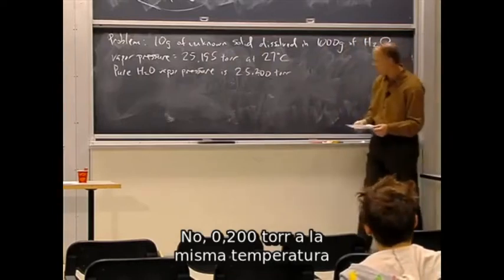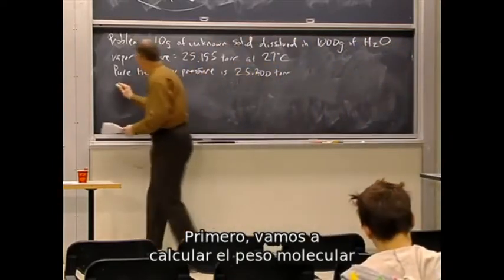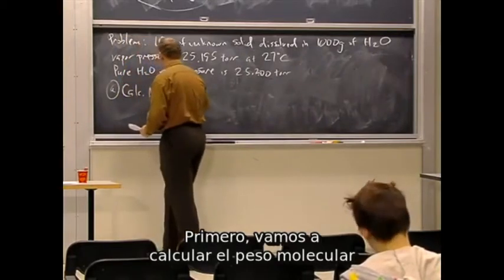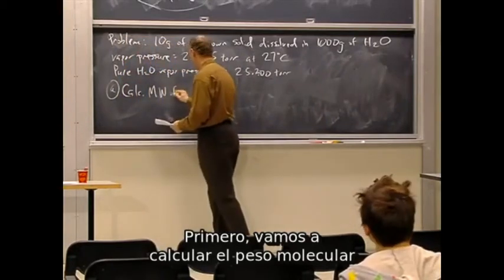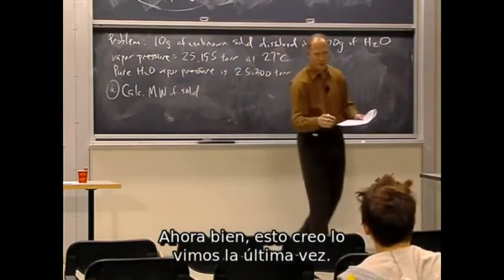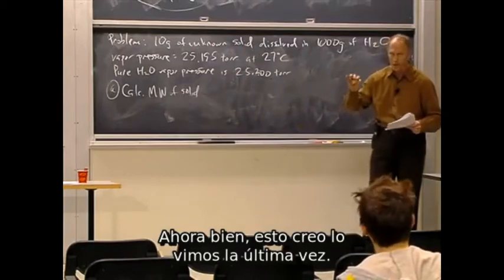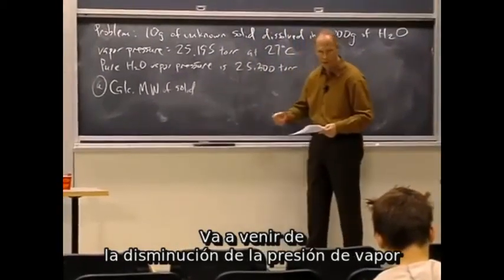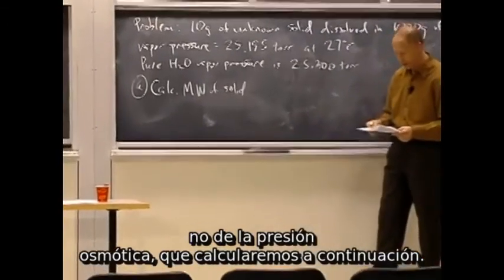Okay? So first, let's just calculate the molecular weight of the solid. Now this you I think saw from last time, so this is straightforward. It's going to come from the vapor pressure lowering, not from the osmotic pressure, which we'll do next.